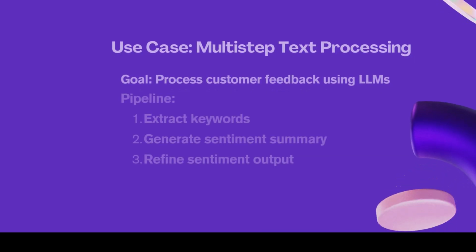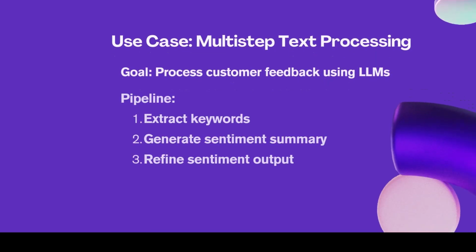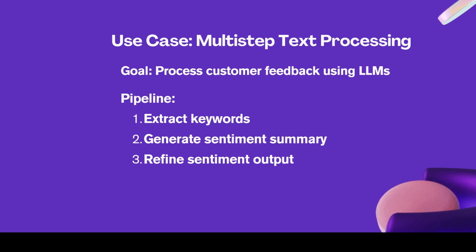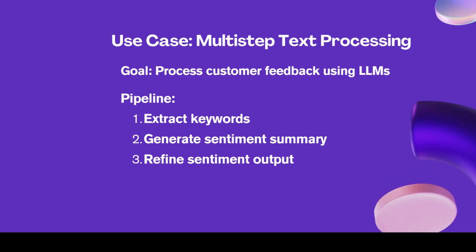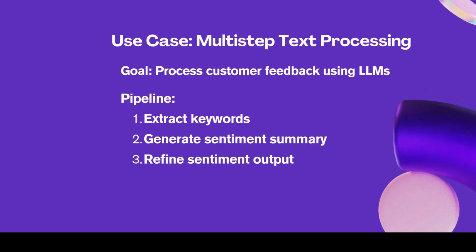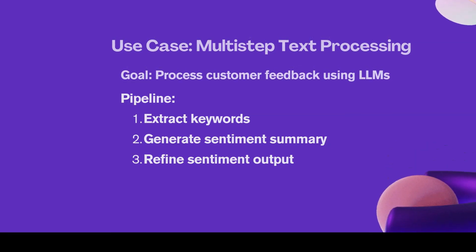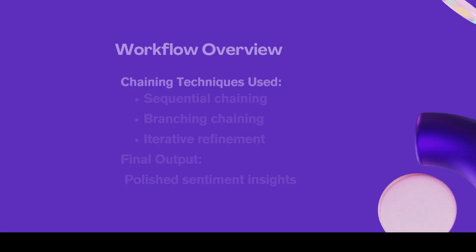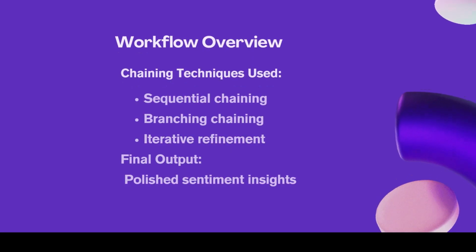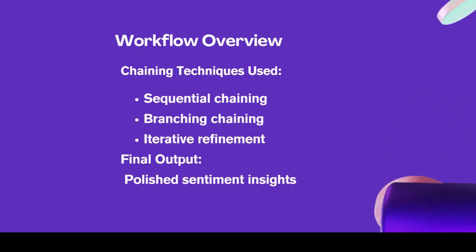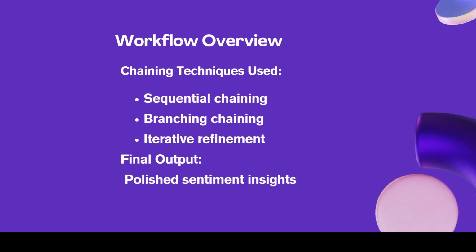Use case. Multi-step text processing. Now let's look at a real world use case. We'll process customer feedback using chat models and prompt engineering to build a scalable text processing pipeline. This workflow demonstrates sequential chaining, branching chaining, and iterative chaining.